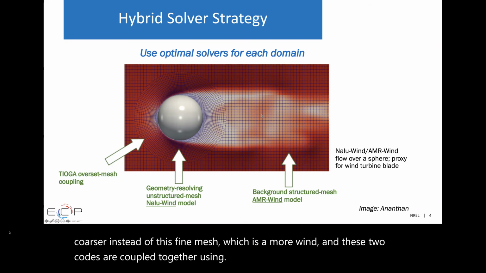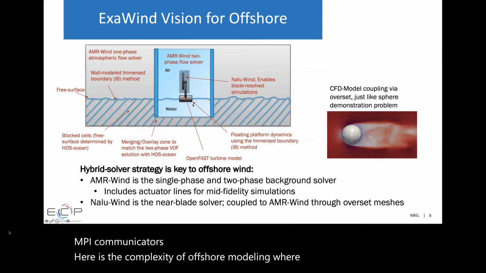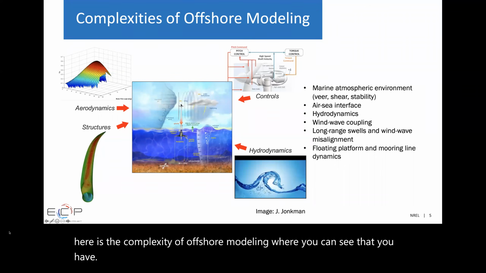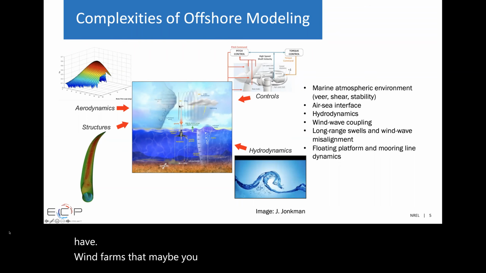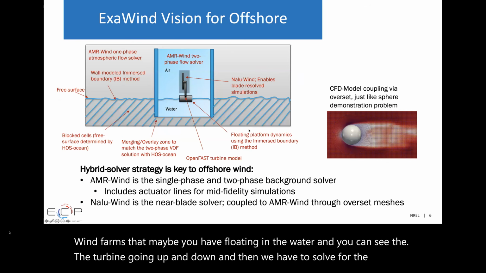And these two codes are coupled together using MPI communicators. Here is the complexity of offshore modeling, where you can see that you have wind farms that may be even floating in the water, and you can see the turbine going up and down, and then we have to solve for the equations, the hydrodynamics.